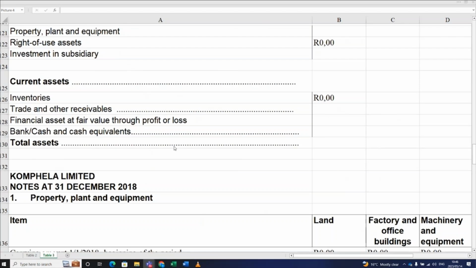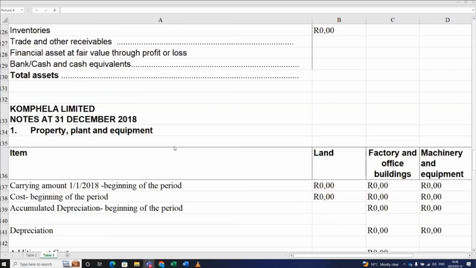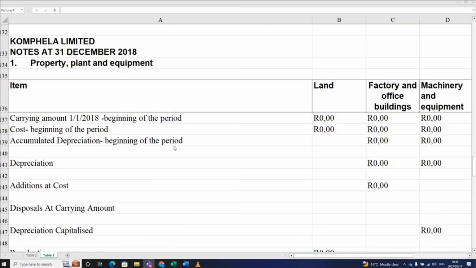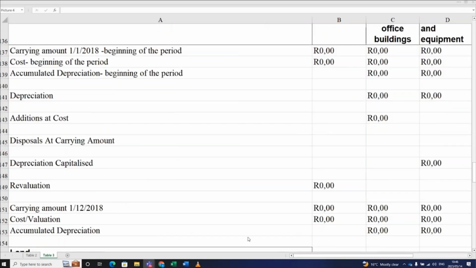Then, since they've asked us for the statement of financial position, and they're also asking for the notes to that, you probably want to lay out your PPE note as well, okay?